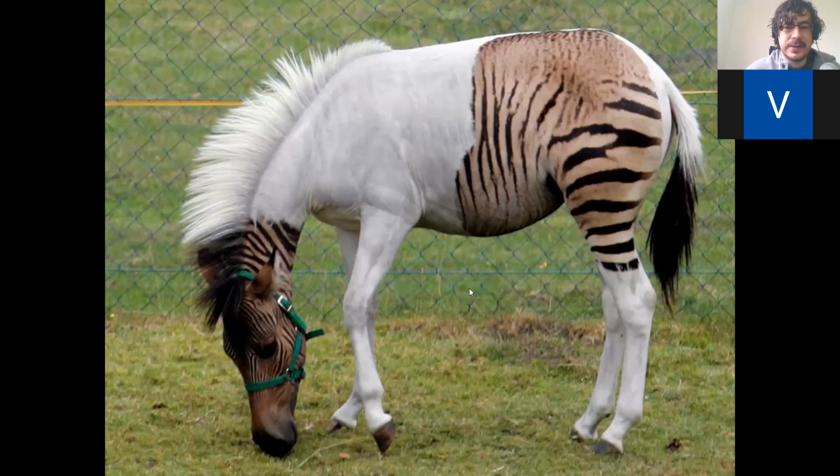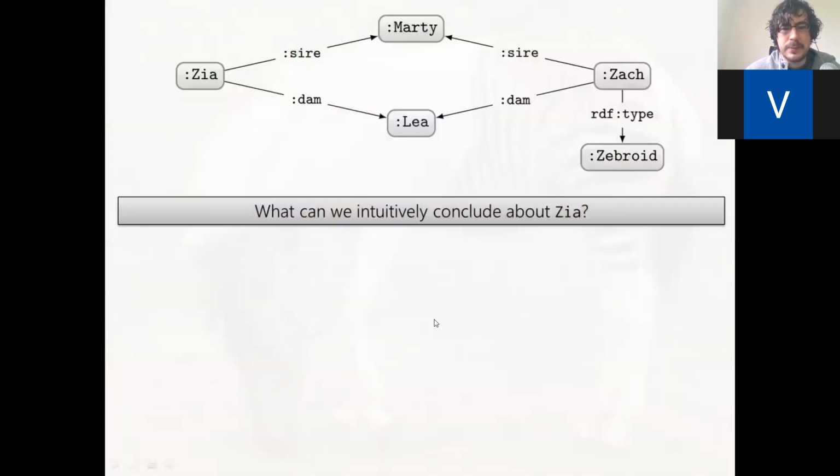It's a cross between a horse and a zebra. So if we think about a zebroid and we were to have this graph here, it tells us that Zach is a zebroid, and Zach's sire or father is Marty, and Zach's dam or mother is Leah.